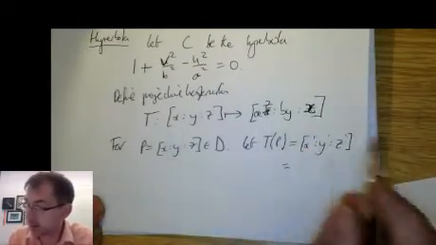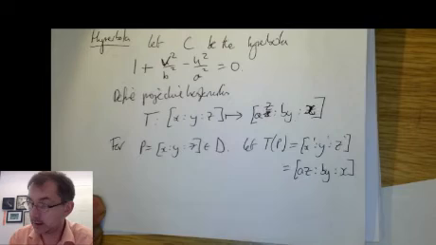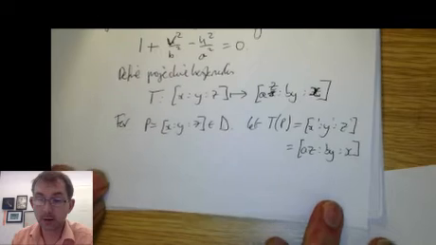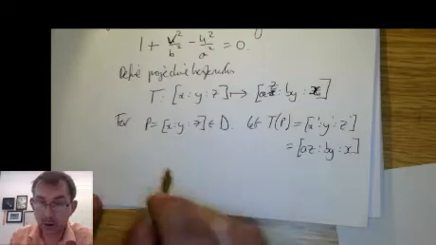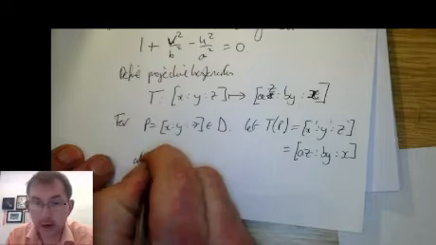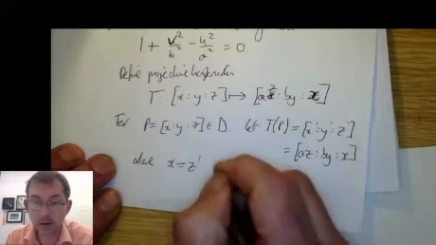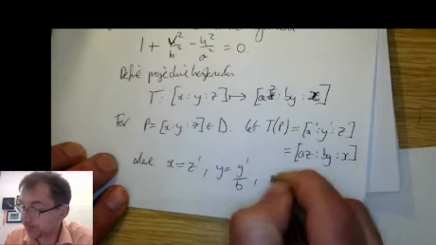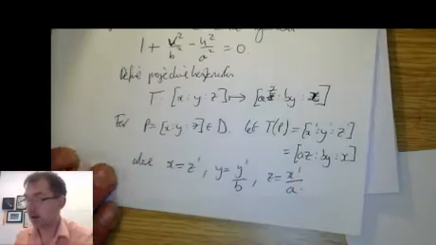That is going to be related by this equation, az, by, x. So in the third affine chart, we're going to have x equal to z dashed, y equal to y dashed over b, and z equal to x dashed over a.